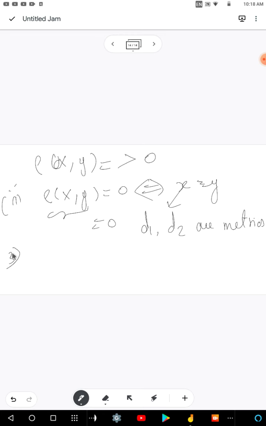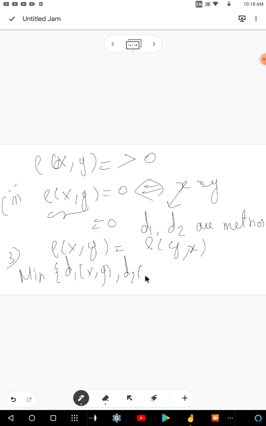What is the third property? The third property says symmetry: rho of x comma y is equal to rho of y comma x. You can simply substitute: the minimum of d1 of x comma y and d2 of x comma y.